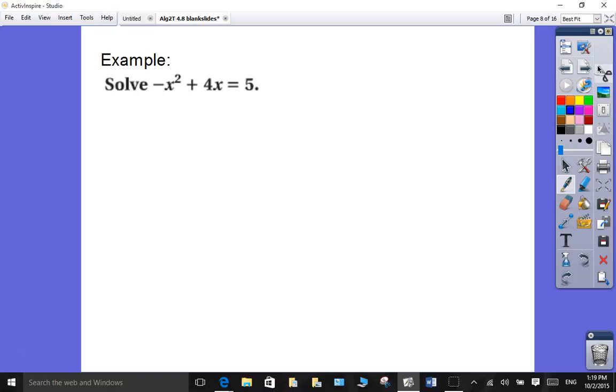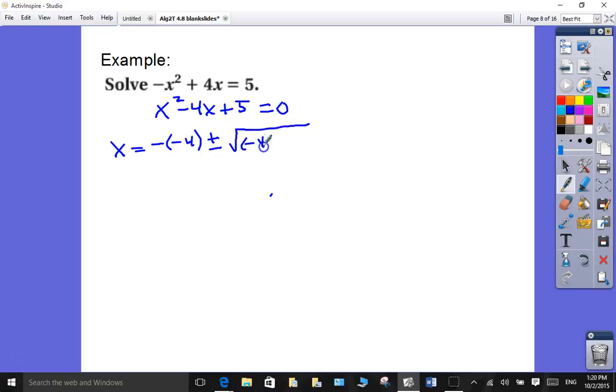So I'm going to add x squared and subtract 4x to get onto the other side. You don't have to. You could do it the other way. It'll all work out the same in the end. So this will be x squared minus 4x plus 5 equals 0. So x equals negative 4 plus or minus the square root of negative 4 squared minus 4 times 1 times 5, all over 2 times 1.